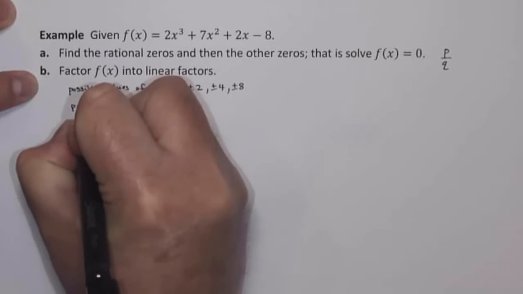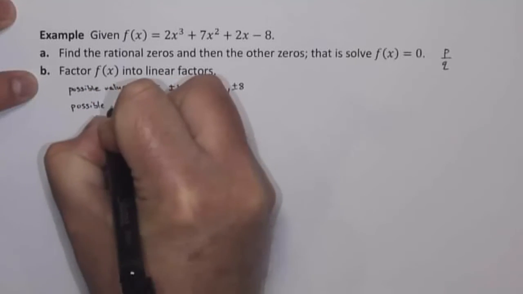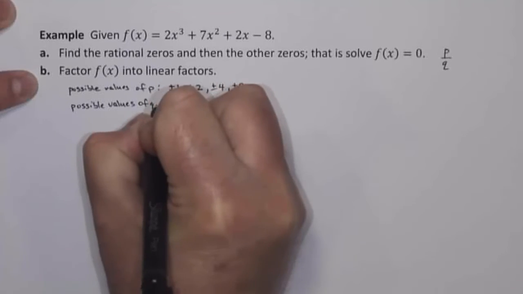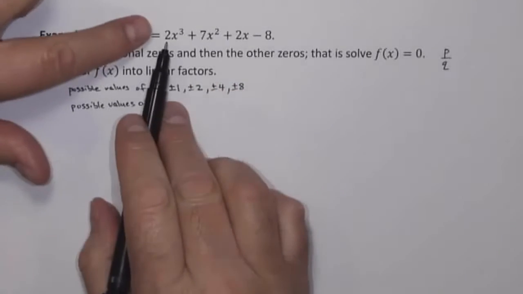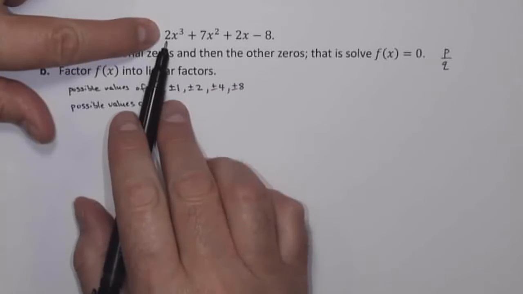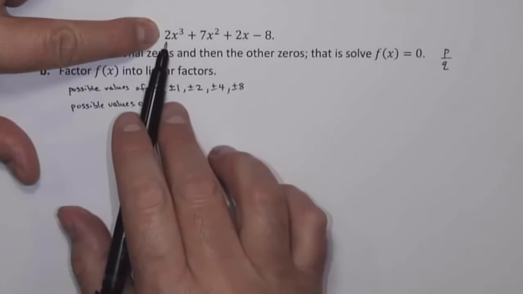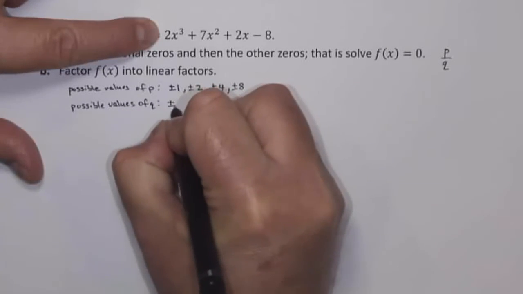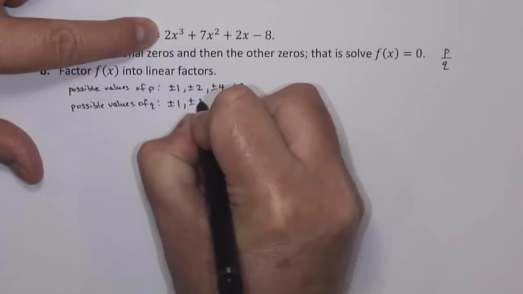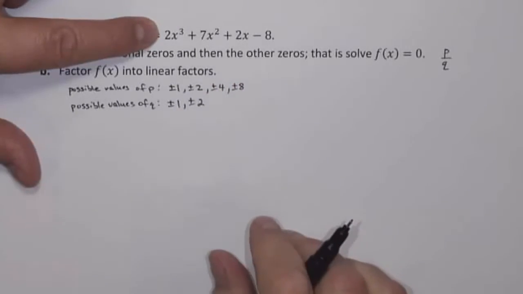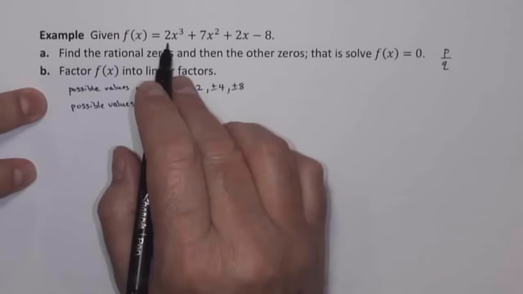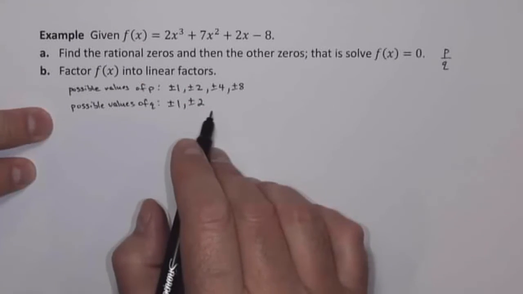Now, we also want to look at the possible values of q. So q has to be factors of 2, the leading coefficient. So what are possible factors of 2? Well, plus or minus 1 or plus or minus 2. These are the only possible values for q.